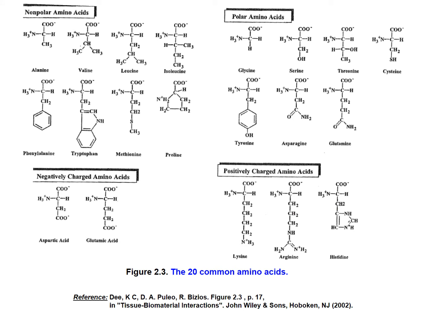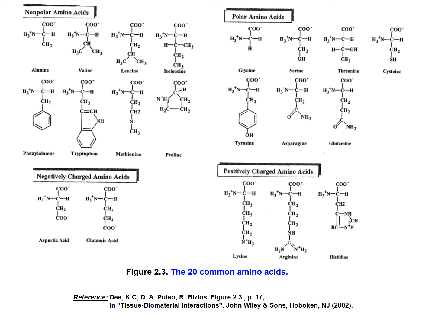This is definitely a busy slide, figure 2.3 from the textbook, which not only shows us the chemical structure of all 20 common amino acids, but groups them along the following categories: non-polar amino acids, polar amino acids, negatively charged and positively charged amino acids.